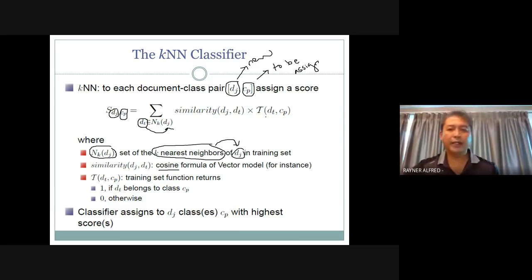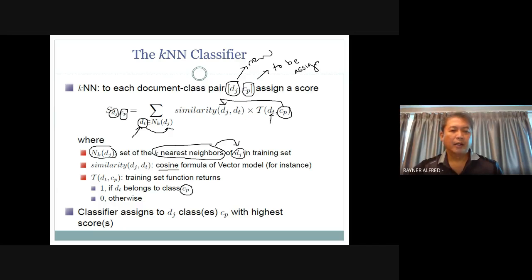And we have this training set function that will map the class to the new document, where your new document is here. It belongs to the majority of classes that we have here. This function will return 1 if dt belongs to this class label. So that means we are looking at the majority class of what we have.